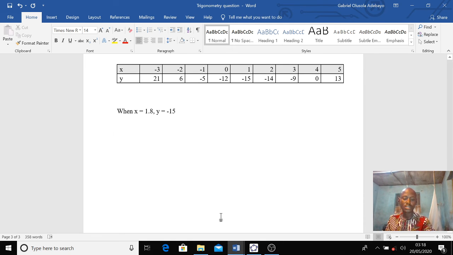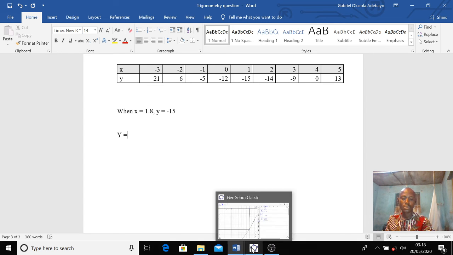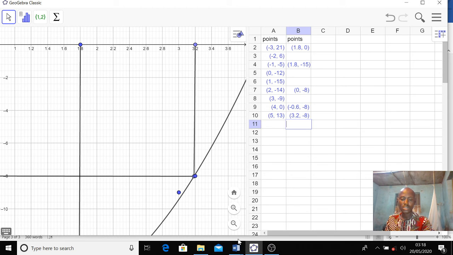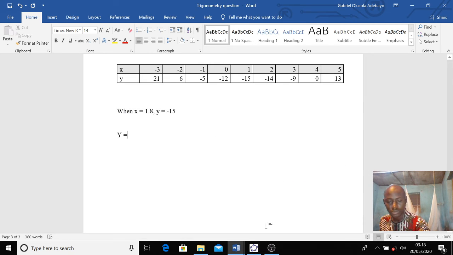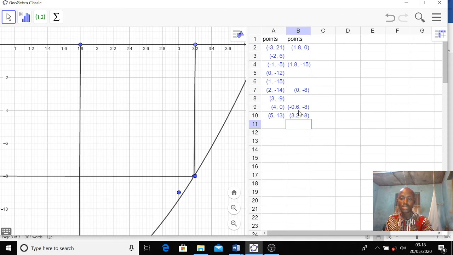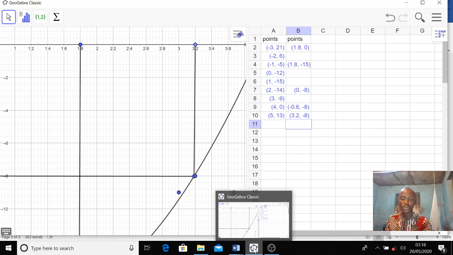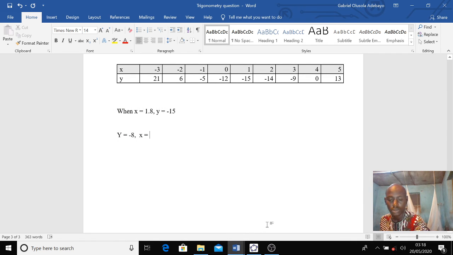On the other hand, when y is equal to minus 8, x will be equal to minus 0.6 or 3.2.